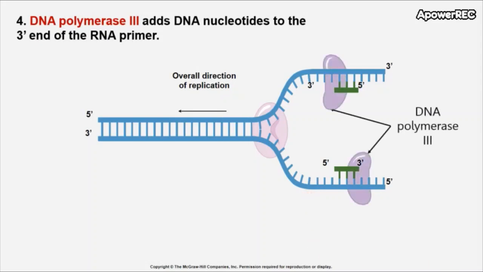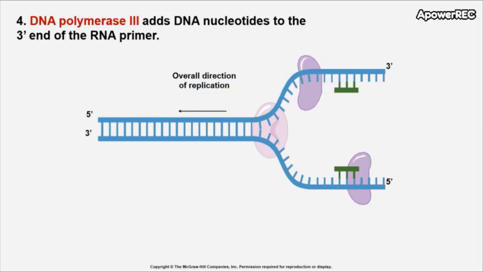So here DNA polymerase 3 attaches and it's going to replicate in the 5' to 3' direction. So let's go back and revisit this again.